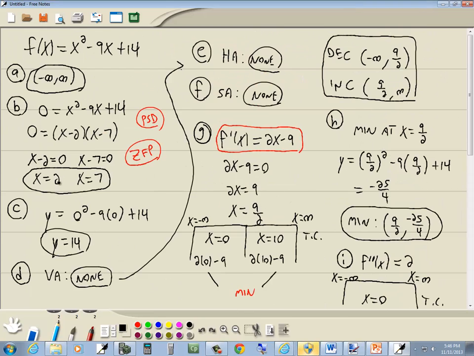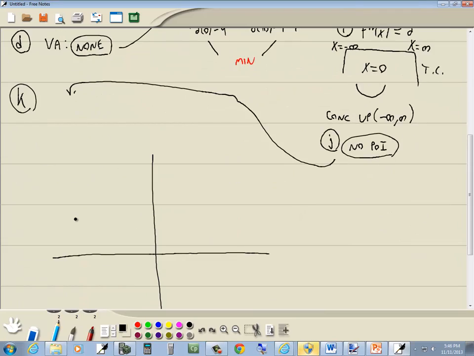Okay, let's see. 14. There's 14 there. Here would be 7. So then this would be 7, 14. And over here would be negative 7 and negative 14.